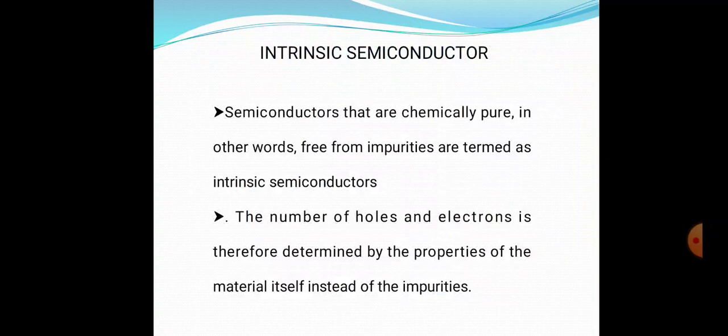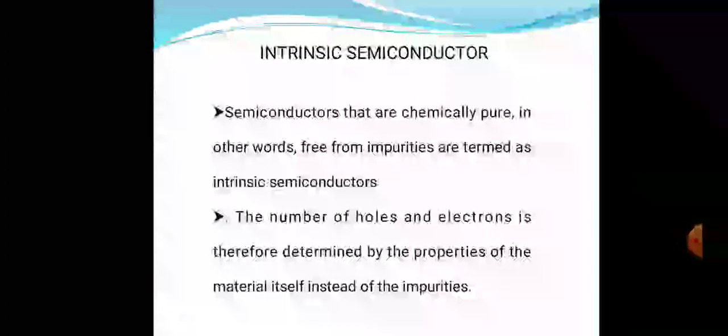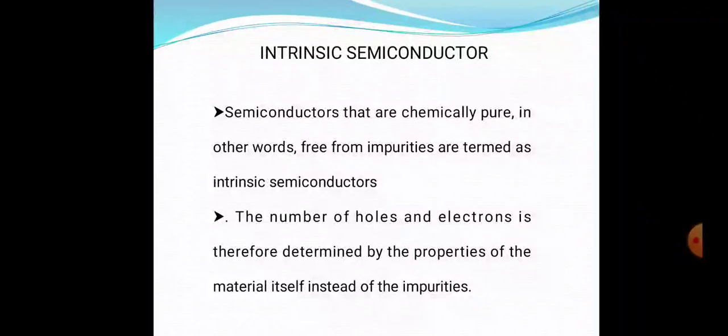For your understanding, we can define semiconductors that are chemically pure, in other words free from impurities, as intrinsic semiconductors. The number of holes and electrons is therefore determined by the properties of the material itself instead of impurities.